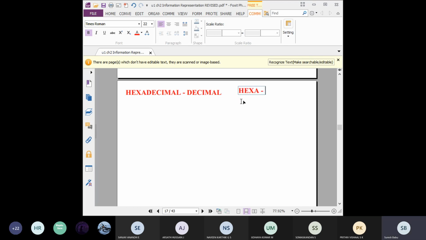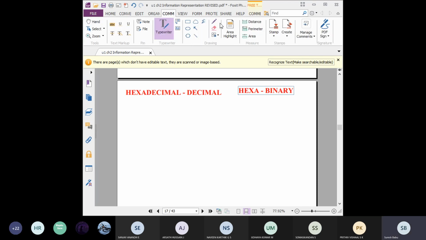Hexadecimal to binary. Students, just listen. Hexadecimal means there are only 16 symbols, starting from 0 to F: 0 to 9 and the remaining 6 alphabets A, B, C, D, E, F. A is equal to 10, B 11, C 12, D 13, E 14, F 15.